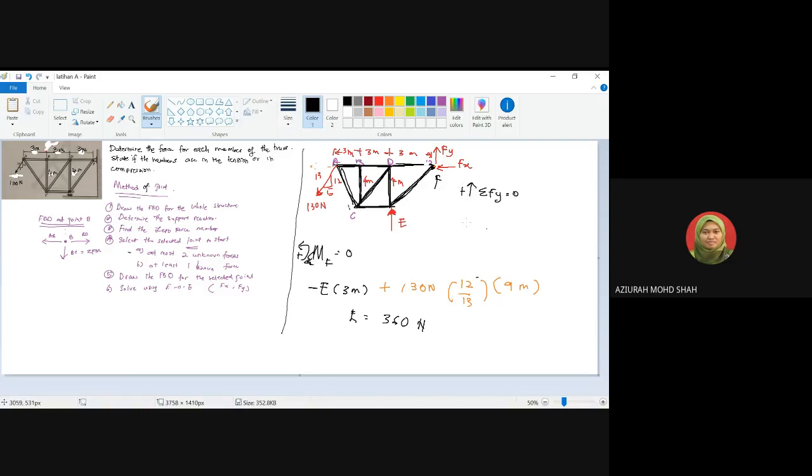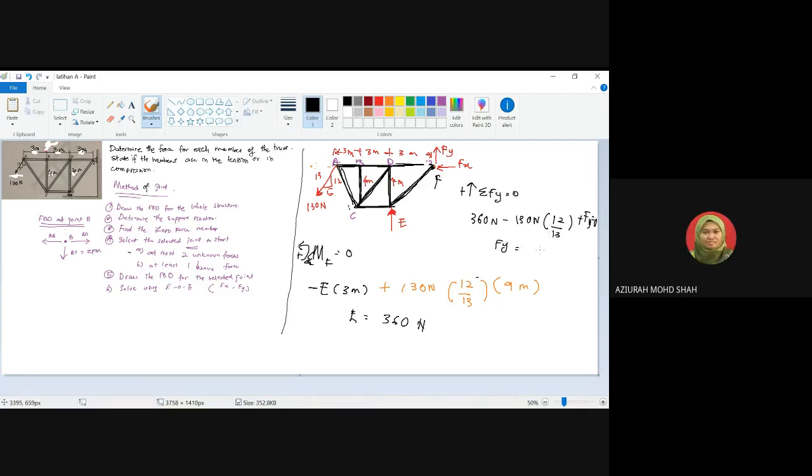Apa yang kita akan dapat? Kita akan dapat 360 positif. Okay. We have minus 130 Newton times 12 over 13. Okay. So kita kata kita tambah dengan FY sama dengan kosong. So FY kita dapat 240.